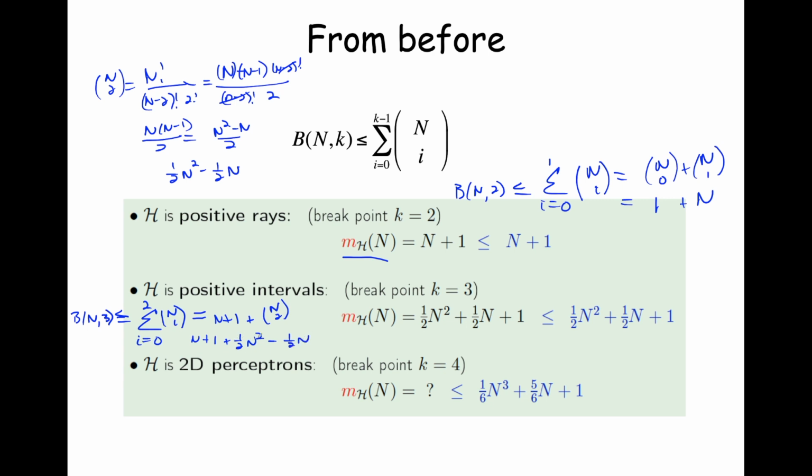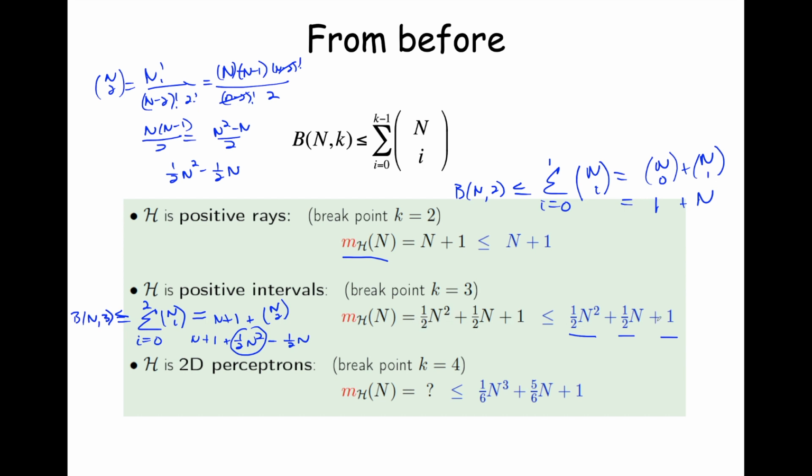So we have 1/2 n squared. We have n minus 1/2 n, so that's just plus 1/2 n plus 1. So that's 1/2 n squared plus 1/2 n plus 1. And that's exactly the bound on our growth functions, and exactly our growth function that we had calculated before exhaustively.